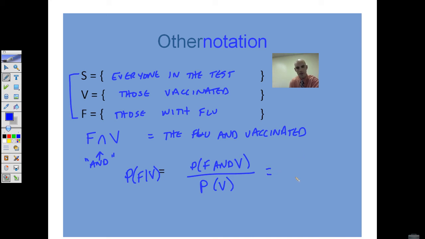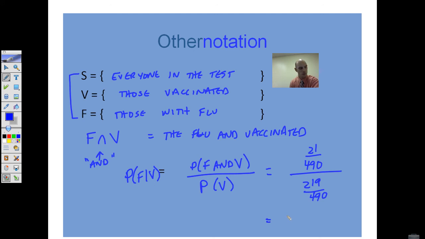Well, the probability that they were vaccinated is 219 out of 490. The probability that they got the flu and they were vaccinated is 21 out of 490. Because there were 490 total, and what that represents is a fraction of the number of people total, 490, and if they got vaccinated and they had the flu, they're in that one little upper quadrant that's just 21 people.